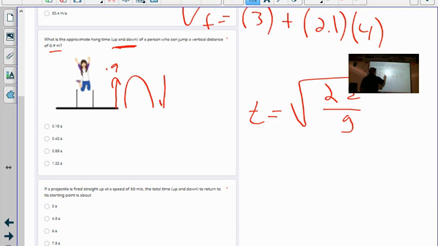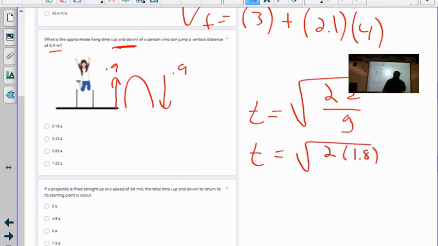She also went down 0.9 meters. So we're going to do the square root of 2 times 1.8 divided by 10. And when you do that out, you're going to come up with 0.42 seconds right there.